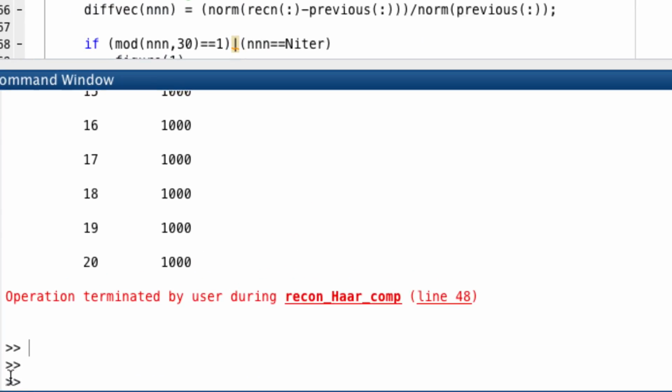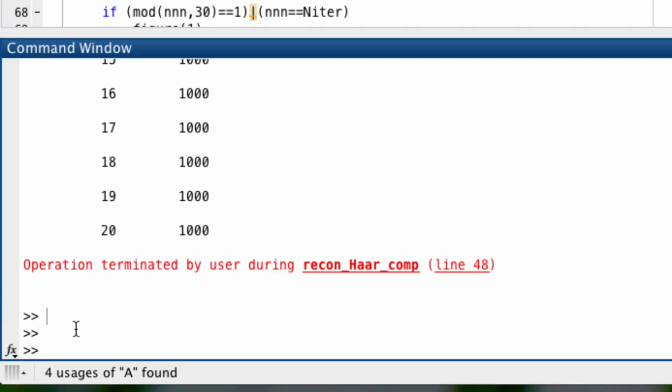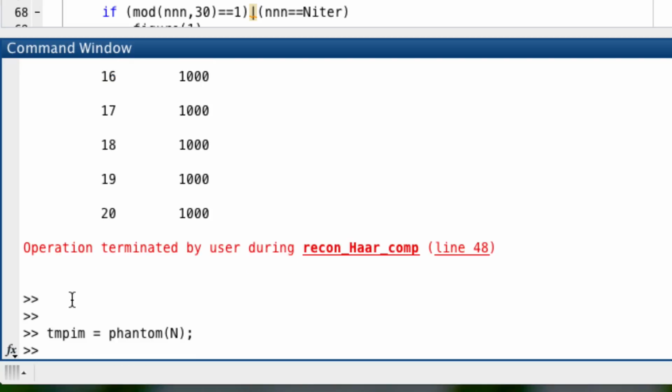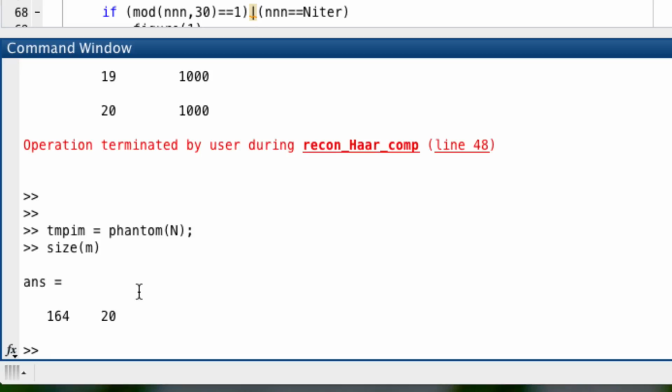Let me first take a temporary image. Let's take, for example, the phantom image. This is the size of M. Let me compute the data from our phantom image, which would be A times the temporary image dropped as a vertical vector, like this.